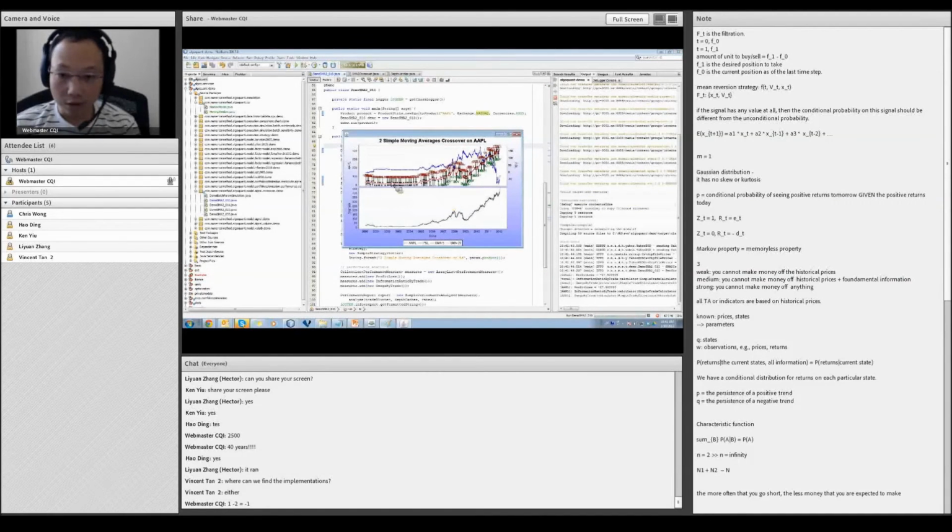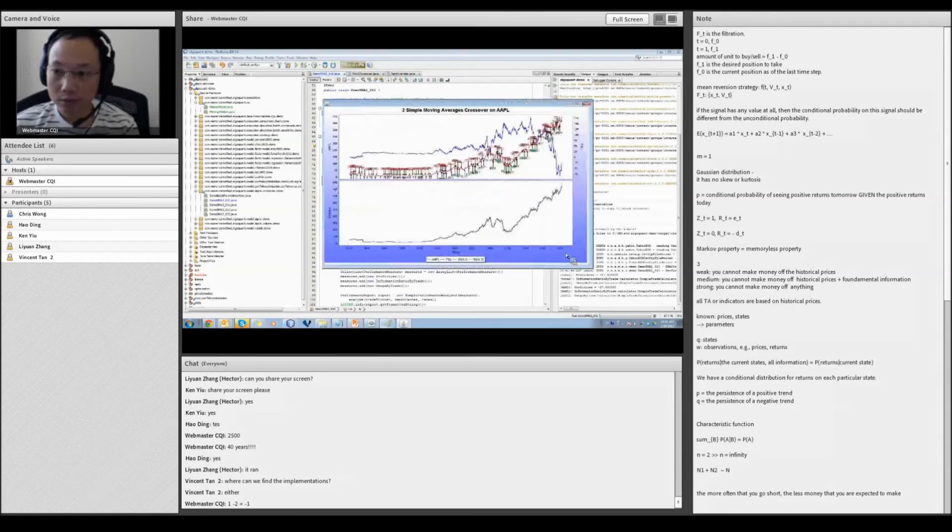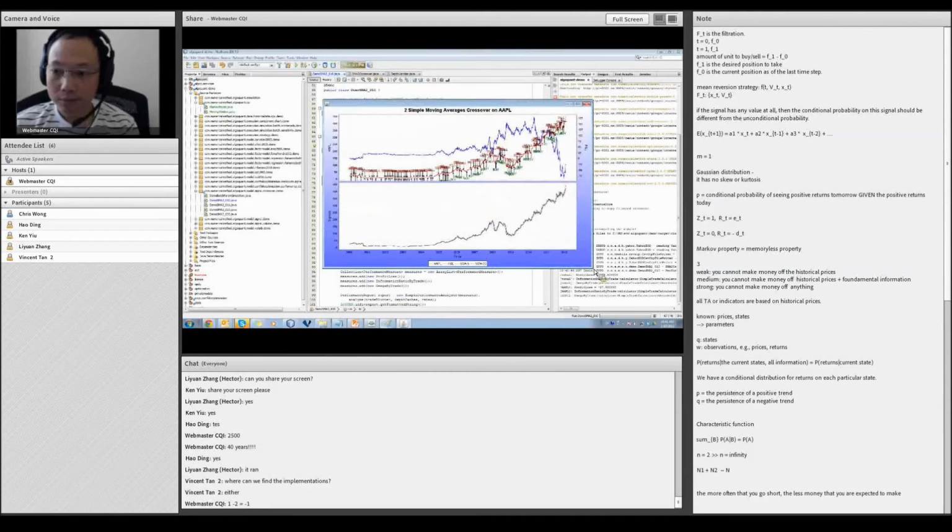See how it goes. Okay, so this is making money. So you see that the P&L graph follows very closely the price of Apple.